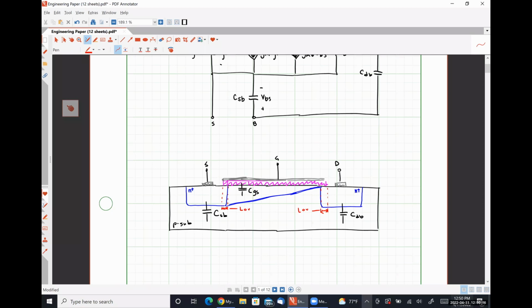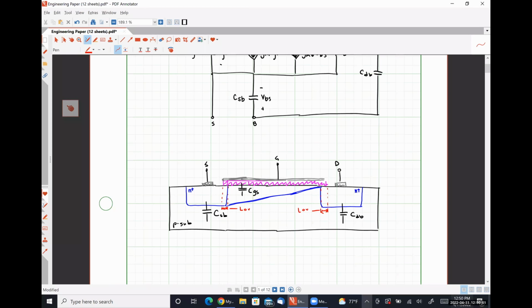You pattern the polysilicon first, and then you use the polysilicon as a mask to help you implant the source and the drain respectively. After the source and the drain are implanted, the wafer itself is heated up and annealed. What that annealing process does is effectively weaken the bond strength and allow a little bit of the drain implant and a little bit of the source implant to flow under the gate.